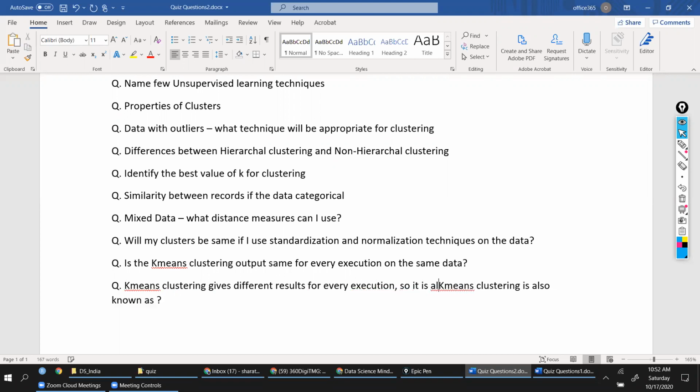So because of this particular feature, it is also known as, okay, not non-hierarchical.